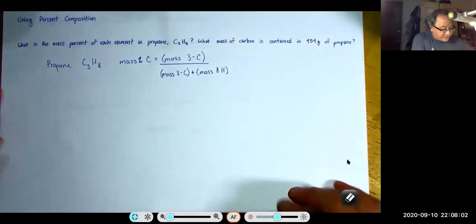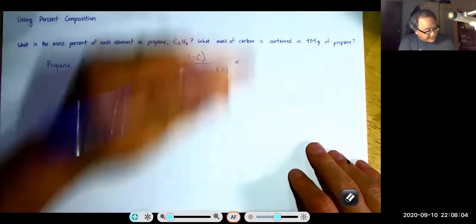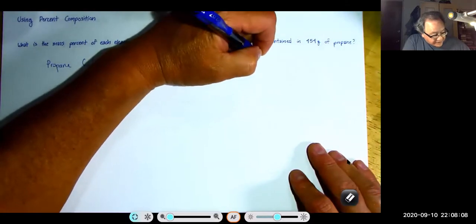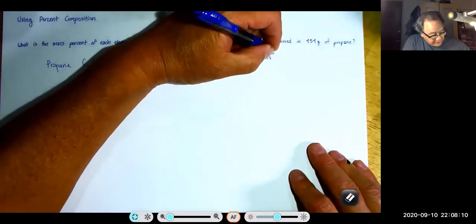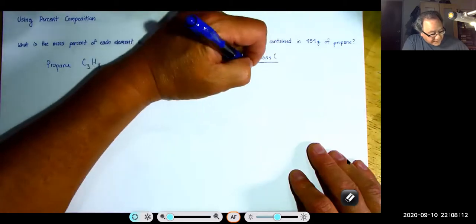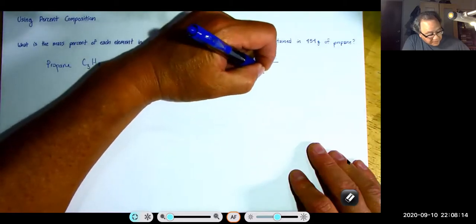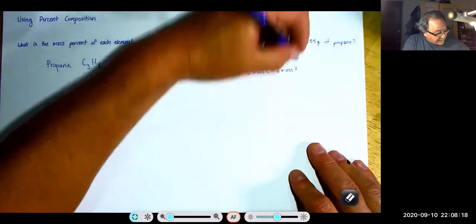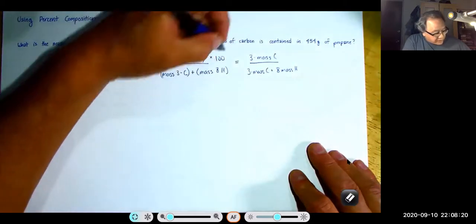Now, we could have written it this way: 3 times the mass of 1 carbon over 3 times the mass of 1 carbon plus 8 times the mass of 1 hydrogen. And of course, all of this is times 100%.